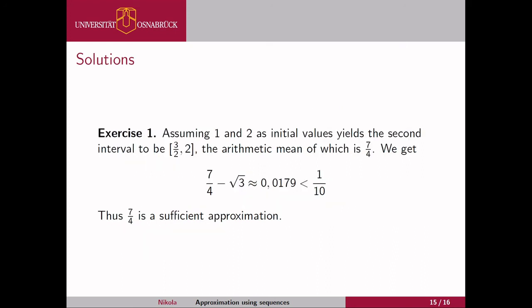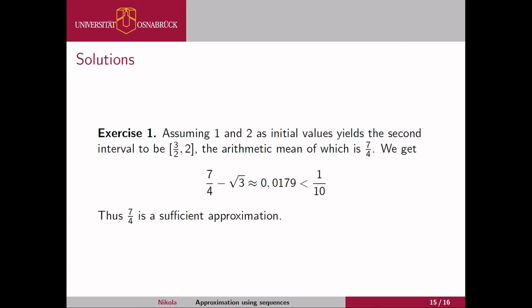For the first exercise, you can again assume 1 and 2 as initial values, as you probably know that root 2 is smaller than 2. So we perform our initial step, and we find out that root 3, I'm sorry, is larger than 3 over 2.